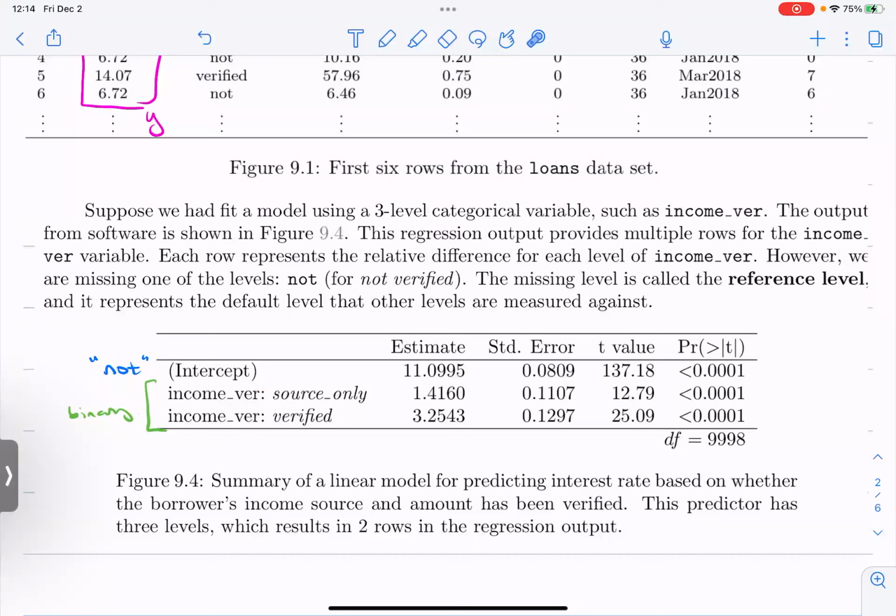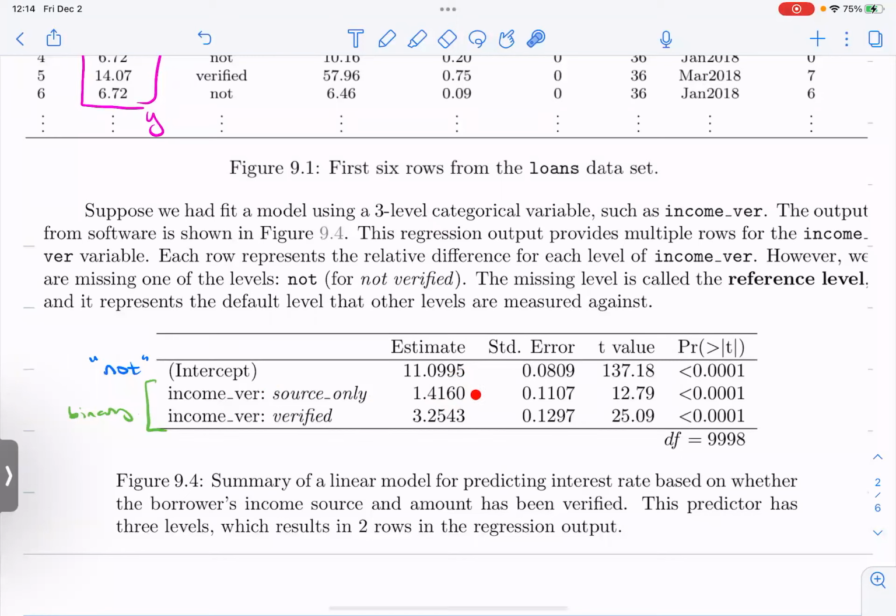And so how we interpret source only, for example, is that if the source only was verified, then the predicted rate would be 1.416% higher than if it was not verified at all.